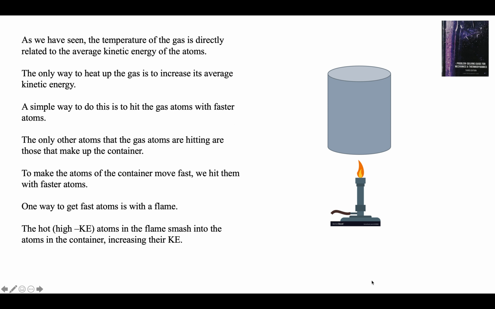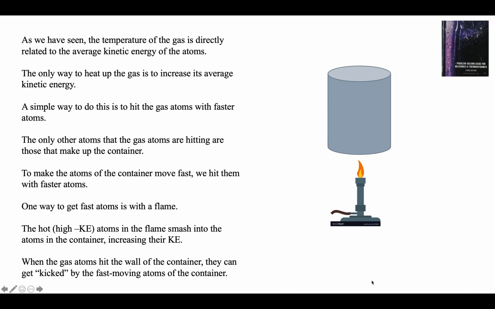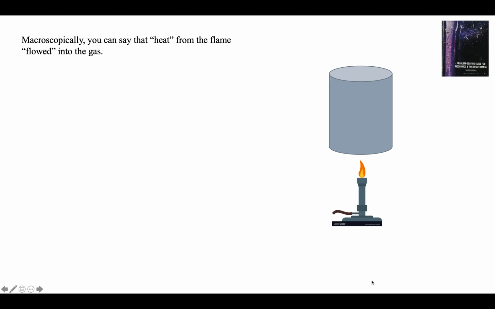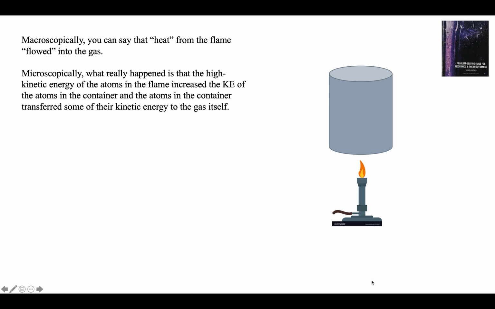So the hot atoms in the flame hit the container, increasing their kinetic energy, and the gas atoms hit the wall of the container. They get kicked by the fast-moving atoms of the container, and their kinetic energy is increased. So you can say macroscopically that heat from the flame flowed into the gas, but it's really a transfer of kinetic energy. That's what happened.